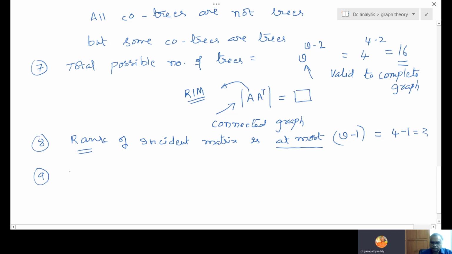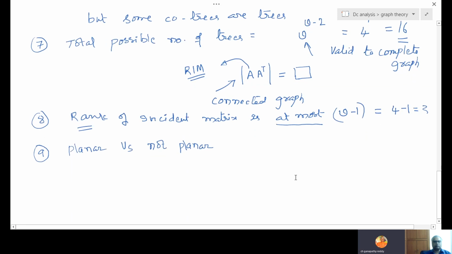Then, planar versus non-planar. Planar is this example.